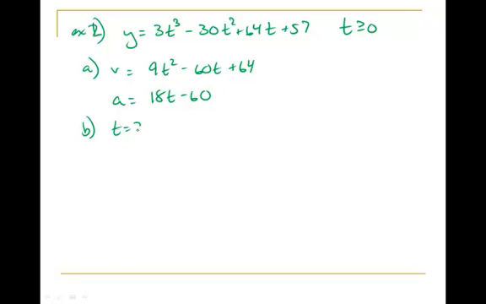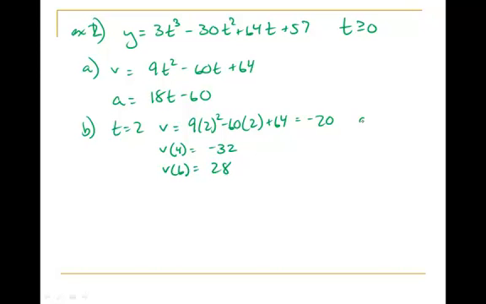Okay, at t equals 2, velocity equals, let's see, so we've got 9 times 2 squared minus 60 times 2 plus 64. That was negative 20. V of 4 was negative 32, and V of 6 was 28.